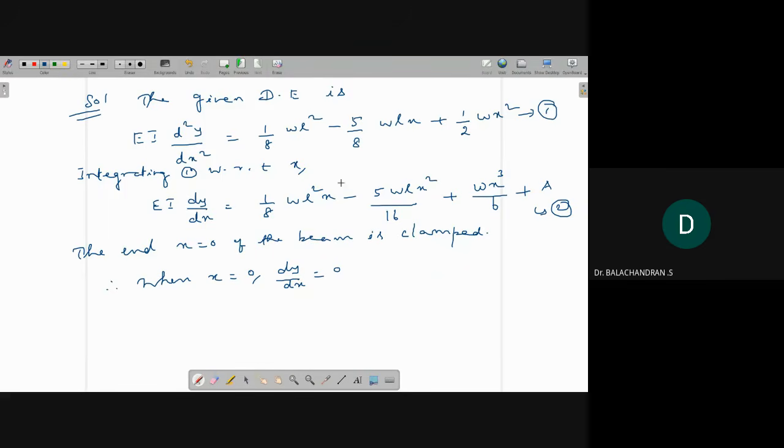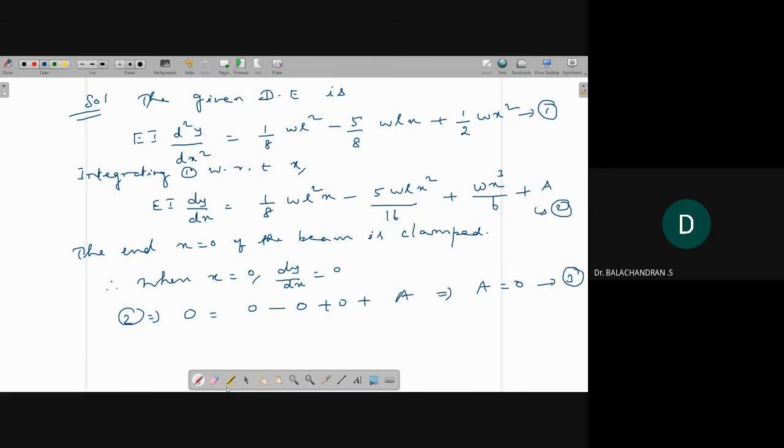So if you substitute 0 in equation 2, 0 equal to, this x is 0 and this is also 0, this is also 0. So a is 0. It implies a is 0. I'll take this as 3.